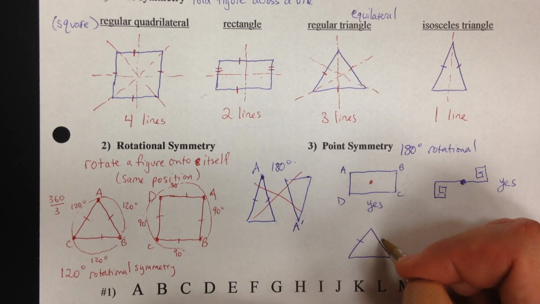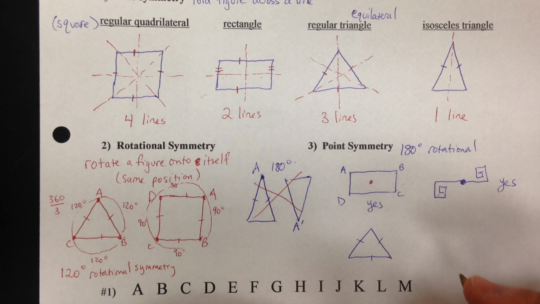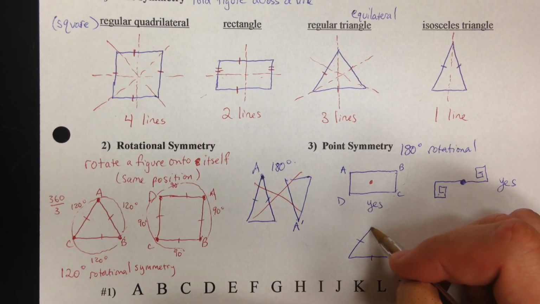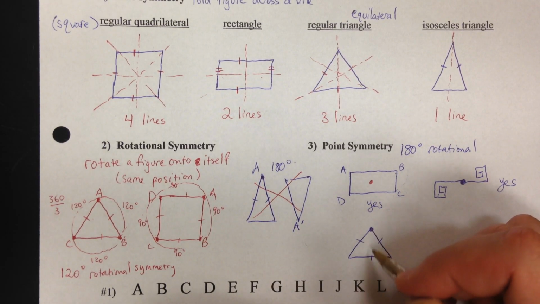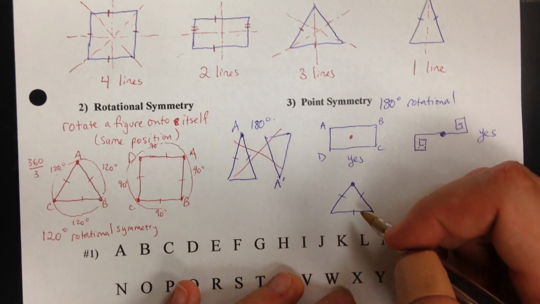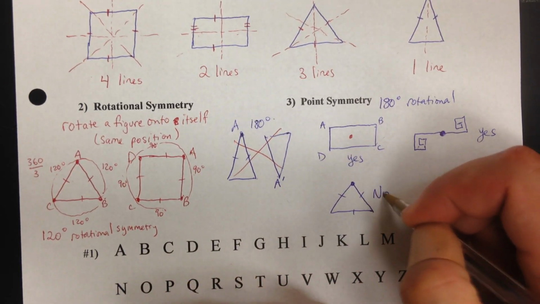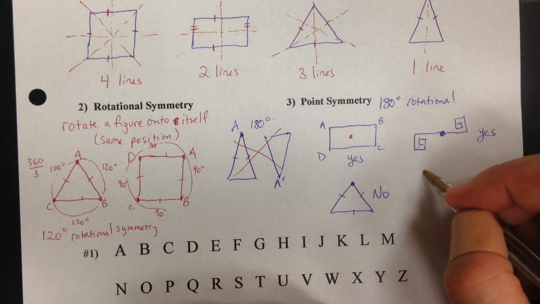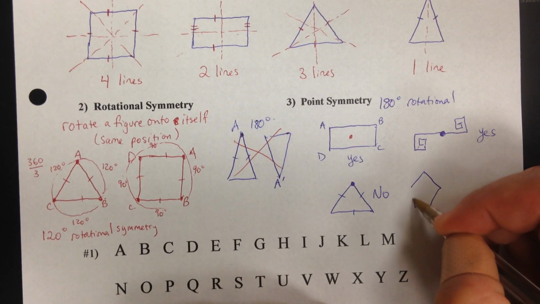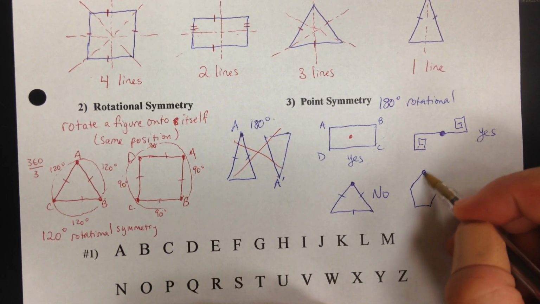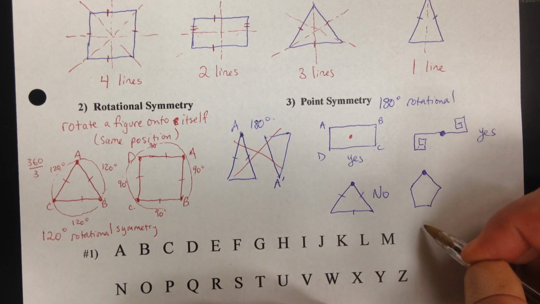An equilateral triangle does not, because at 180 degrees, this point would be now facing down. So this would be no. If I take a pentagon, if I spin 180 degrees, this would be facing down.